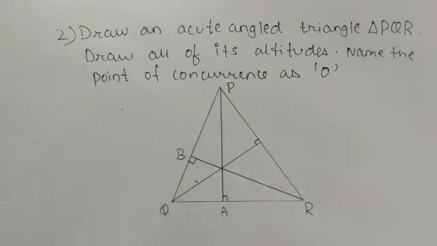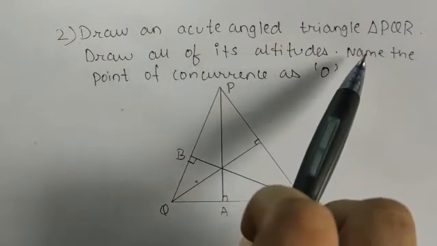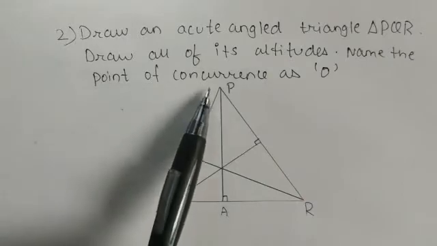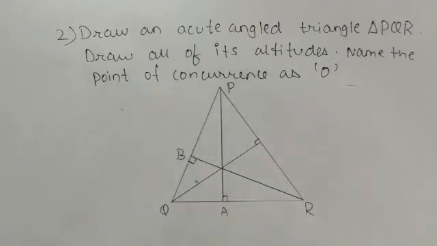And now what is the further question? We have drawn all the three altitudes. Now the question is: name the point of concurrence as O. So what is the point of concurrence over here?